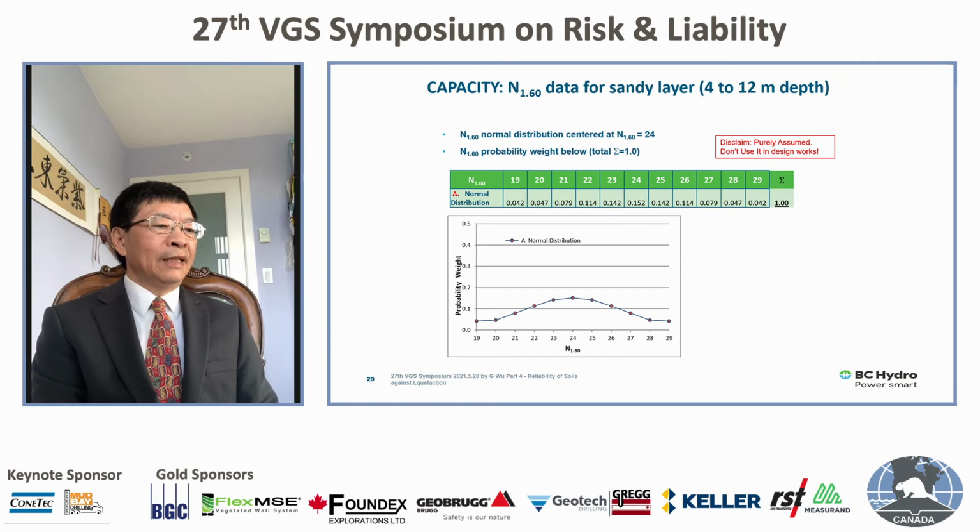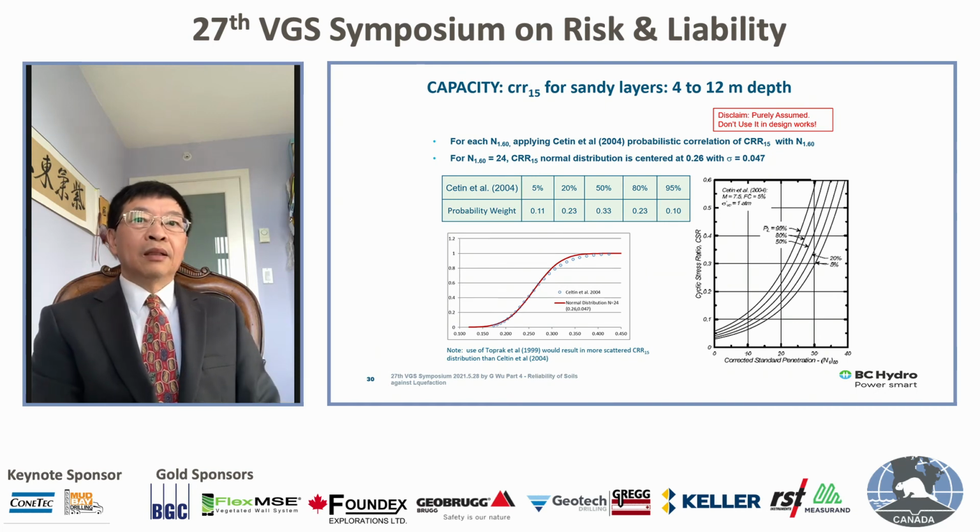Then, assigning a normal distribution weight to each N160 and plotting them on the figure, you see this is an assumed case using a normal distribution, which is more idealized. You can use this for the method B, Dr. Förster's method. You can use this normal distribution. Next slide, please.